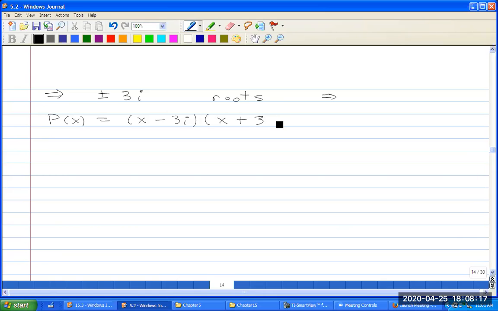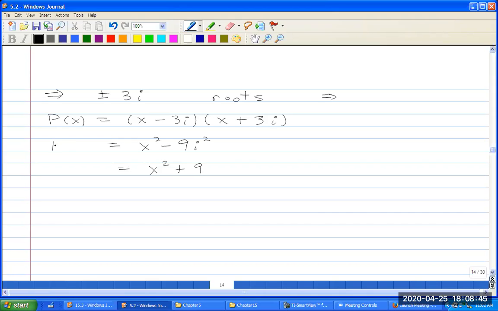So let's see if I can multiply this out to get a polynomial with real coefficients. And so this is the difference of squares, minus i squared is negative 1, and so negative 9.